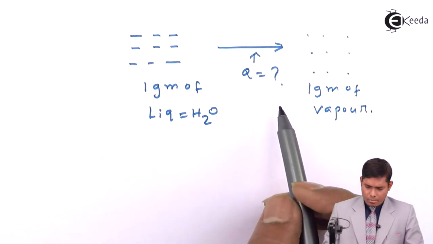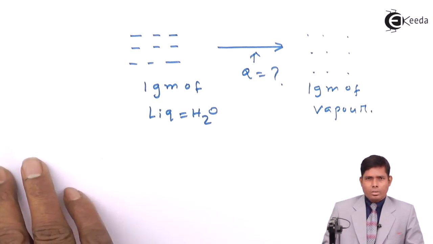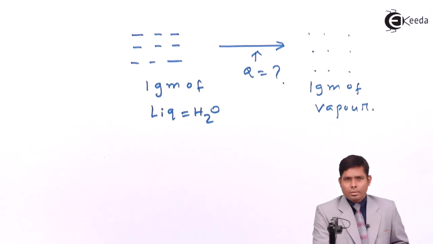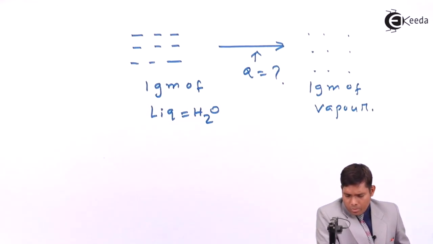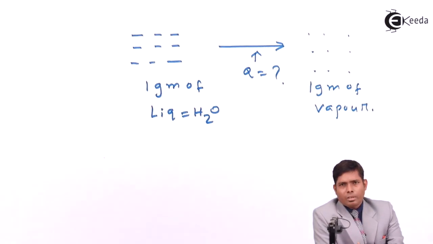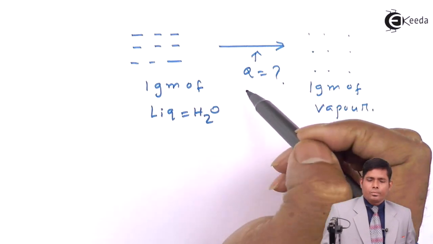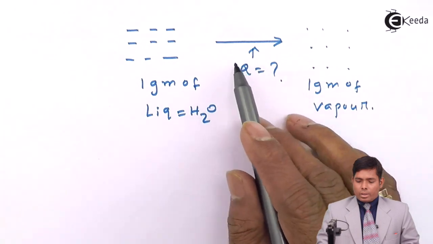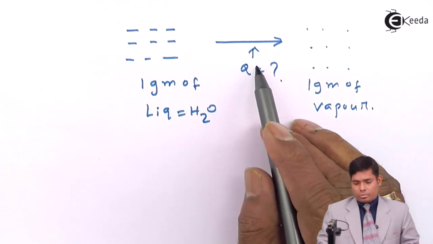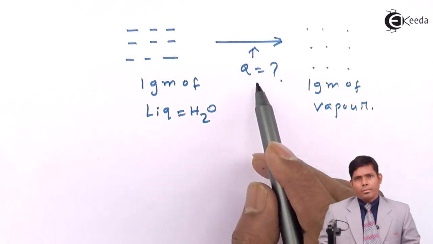Now, the vaporization will start, or the liquid will start boiling when its boiling point reaches. So if you have taken water, the water boils at 100 degrees centigrade. So that means if it is at 100 degrees centigrade, you supply heat, it will start converting into vapor. The heat that I am supplying, in case of water, it is 540.